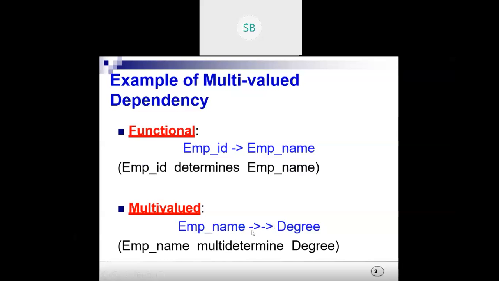When we were discussing the ER diagram, we discussed that degree is multi-valued, because for me degree may be my graduation, my post-graduation, 10th and 12th marks. For you it may be different, for you it may be 10th marks and 12th percentage. The degree of a person varies, and for some person it may be non-applicable also. So if you see this double arrow symbol, it represents multi-valued dependency.